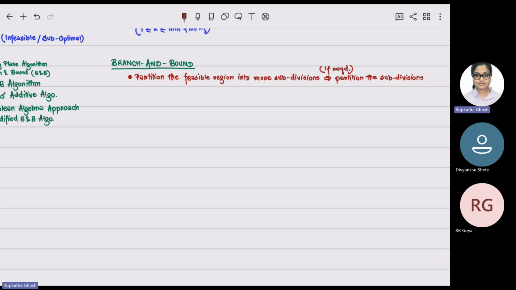For example, in the cutting plane method, you can look it up on YouTube also, you add one constraint at a time till you get an optimal solution.